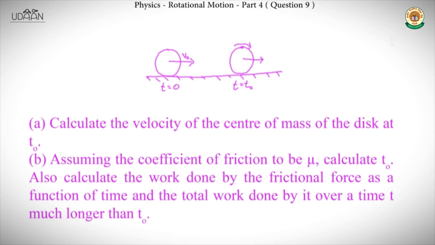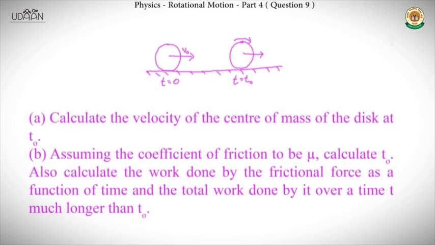Now here we see that in the initial condition, the body is just sliding with the initial velocity of v0. Since we know that the floor is rough, there will be a frictional force acting on the body at its bottommost point in the left direction, since the velocity is on the right side. Now this frictional force will be equal to mu mg.